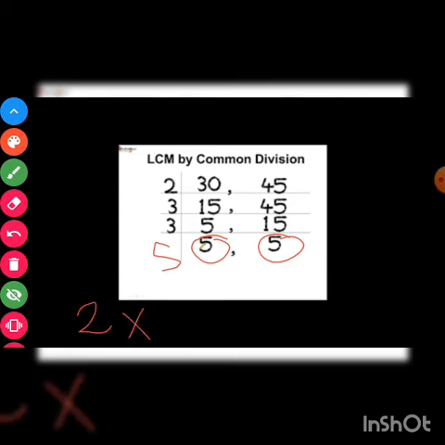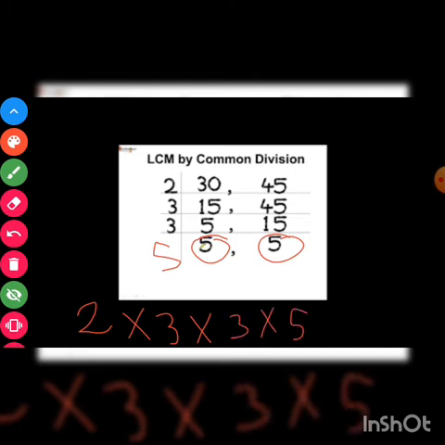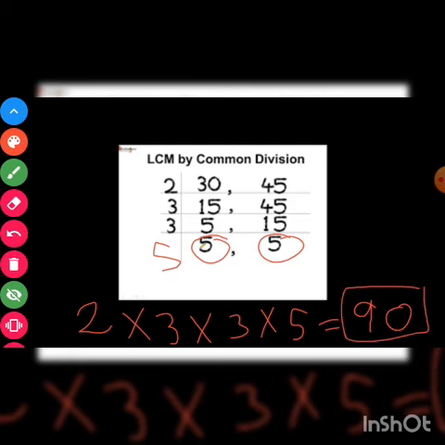So 2 multiplied by 3 into 3 into 5. So 2 3s are 6, 6 3s are 18 and 18 5s are 90. So the LCM will be 90. So the least common multiple by which both the numbers will exactly divide, that number will be 90.